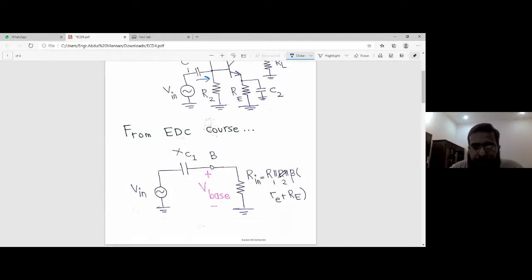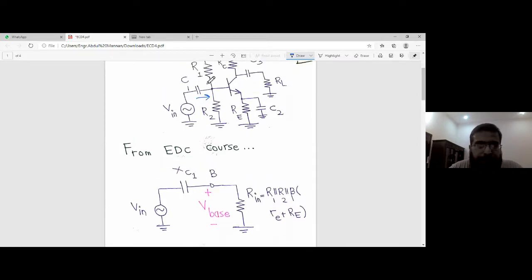So this is what the Rin of this amplifier is: R1 in parallel with R2 in parallel with beta times (re plus capital RE).